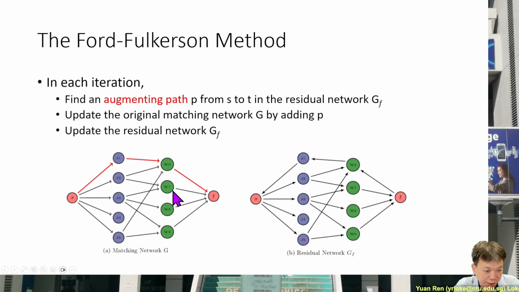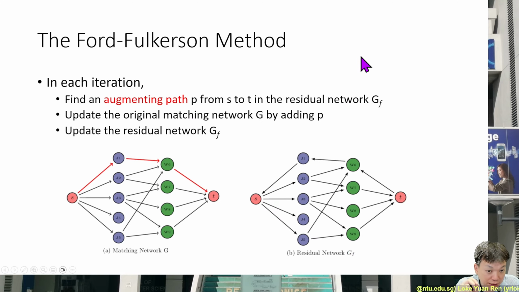You can use breadth first search, you can use depth first search. You should not have any difficulty. Because I just need to find a path, probably I will try to use depth first search. Let's say I found this particular path, then we name it an augmenting path P, from S to T. This is one of the paths I can find in the graph.